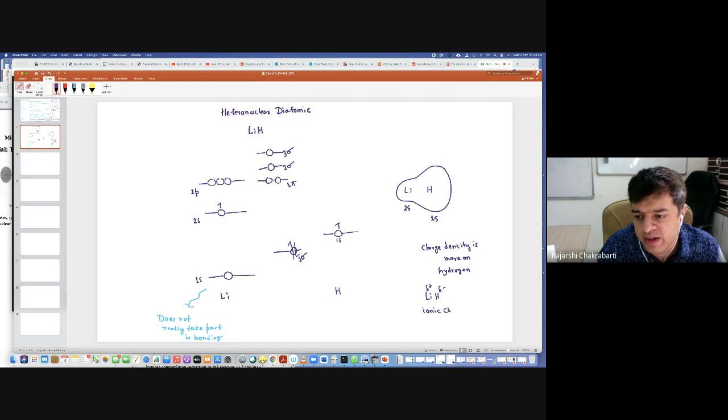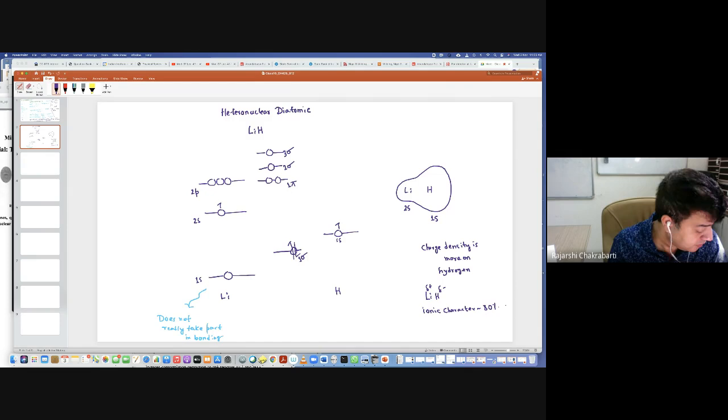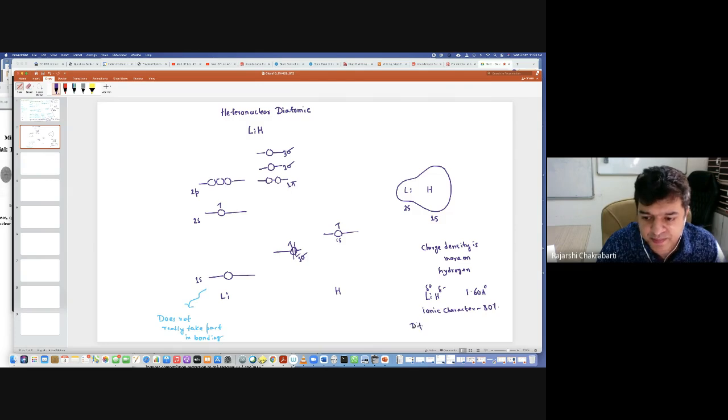Ionic character is quite large in this case, which one can calculate and show is something like 80%. The bond length is 1.60 angstrom, and the dipole moment is quite large.